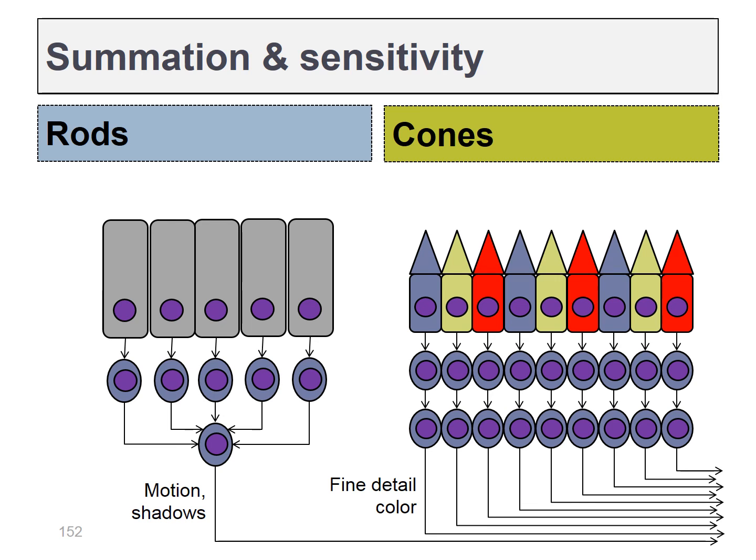Let's review some of the concepts that we've covered and focus on how this explains the difference in sensitivity between rods and cones. We've said that rods and cones both use a rhodopsin-type molecule, but rods are bigger than cones. Therefore, they've got more rhodopsin.